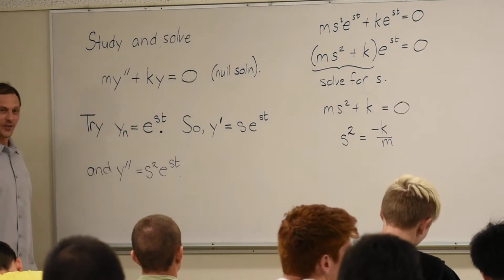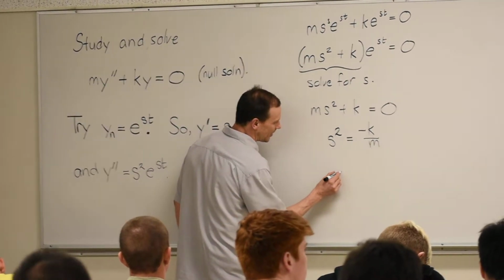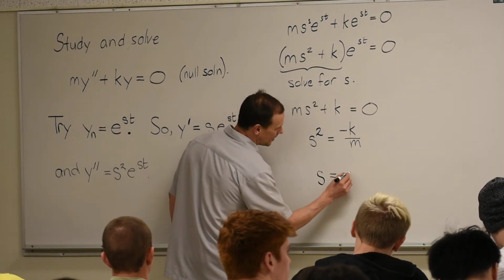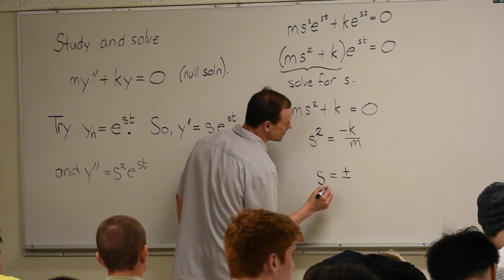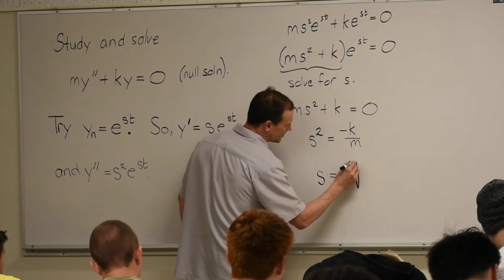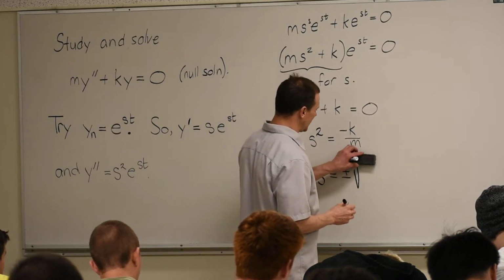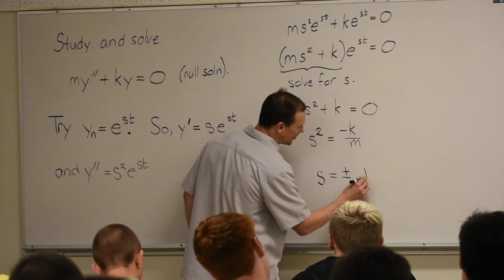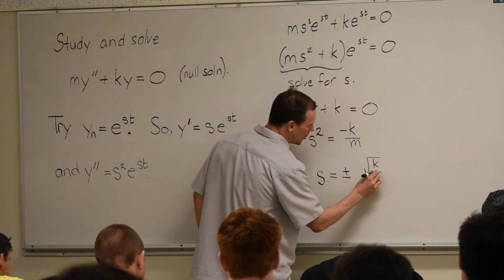All right. So if we solve this, this is always a negative. If we solve this, we have S is equal to plus or minus the square root of k over m.